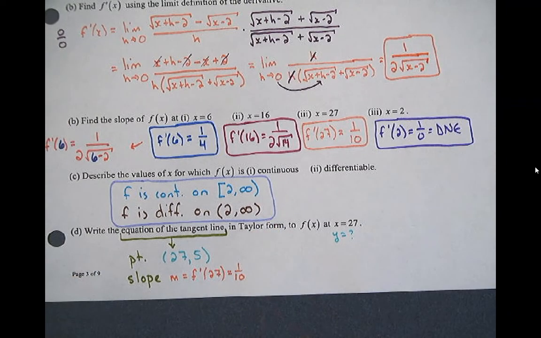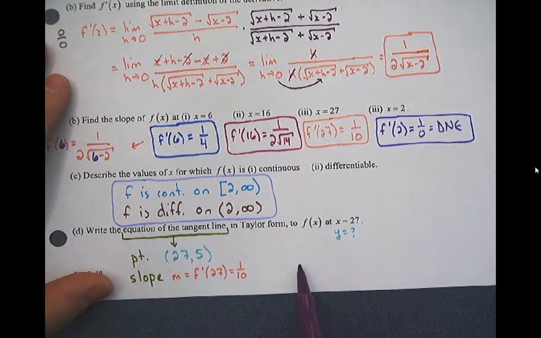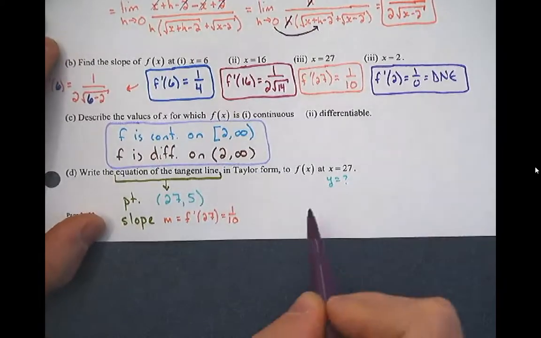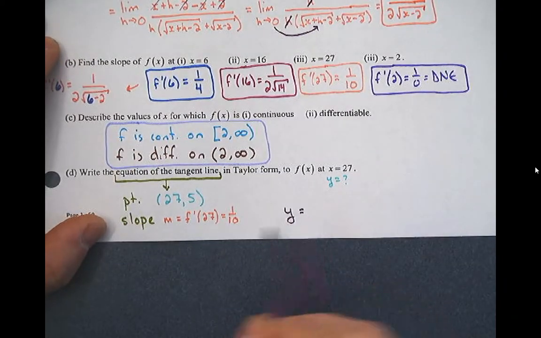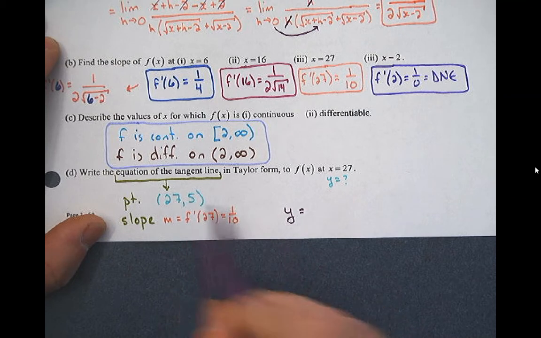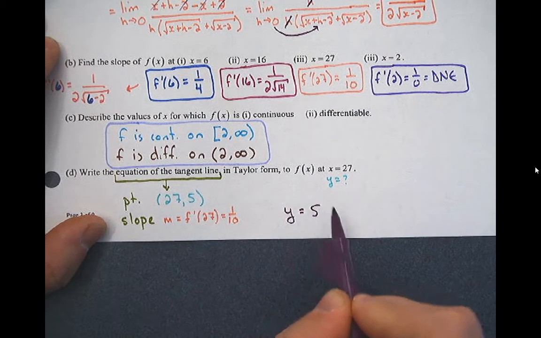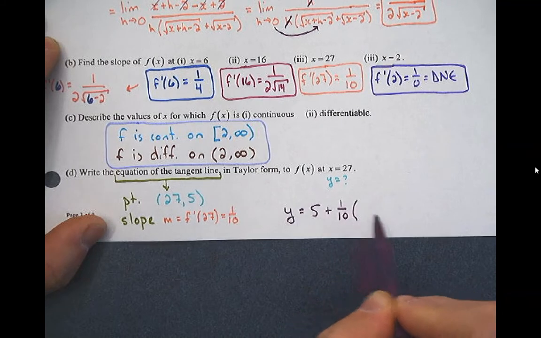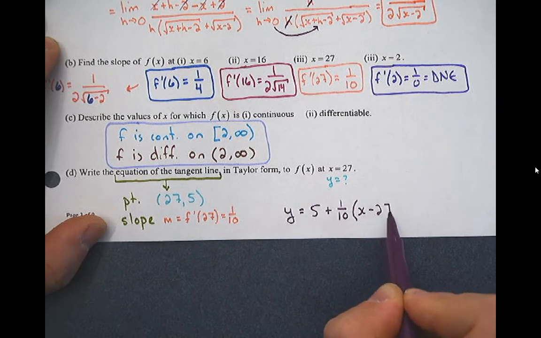Now we can write our equation in any form that you want. They asked for Taylor form, so we're going to go for Taylor form. I would say Taylor form is point slope form with the number bumped to the other side. So it's y equals, it's supposed to be y minus 5, so that bumps over to be a 5, plus the slope, which is 1/10, times the quantity of x subtract 27.